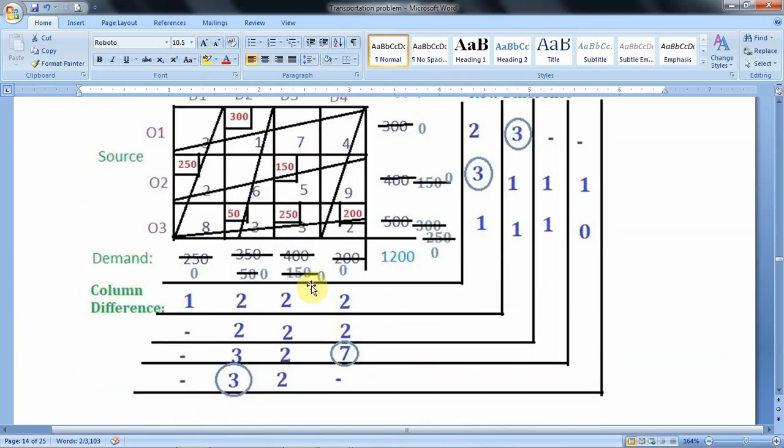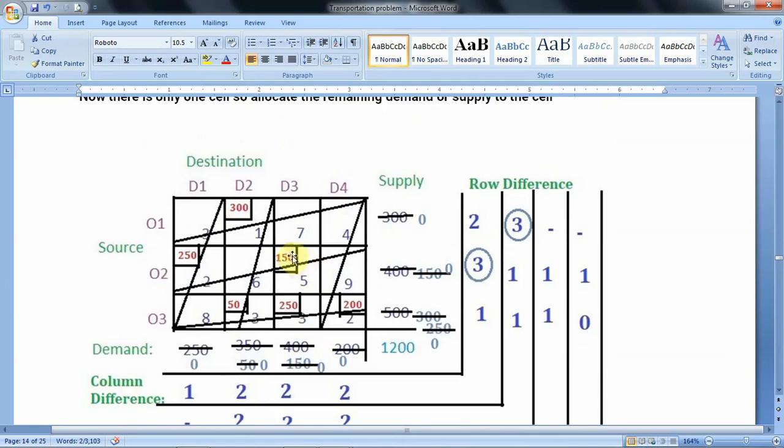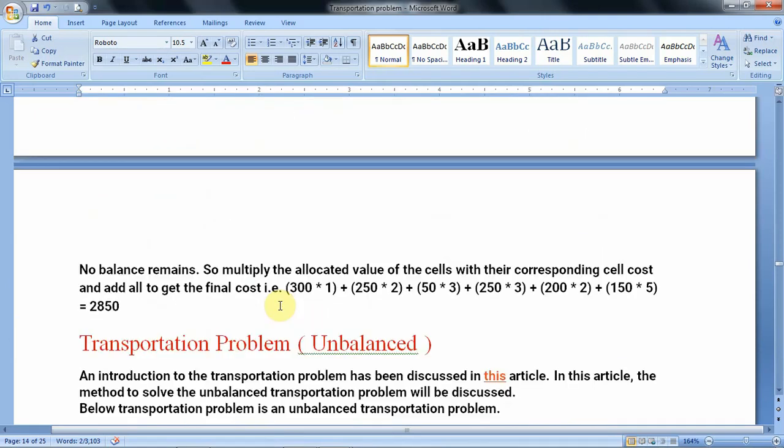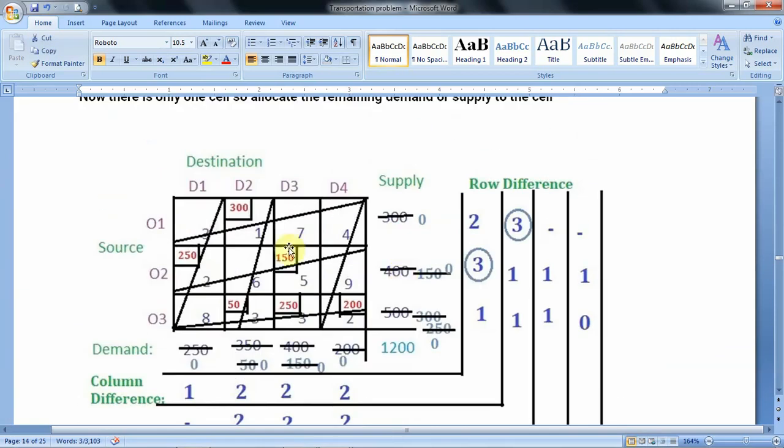Now finally we can calculate the total minimum transportation cost by Vogel's approximation method: 300 into 1 plus 250 into 2 plus 150 into 5 plus 550 into 3 plus 250 into 3 plus 200 into 2.